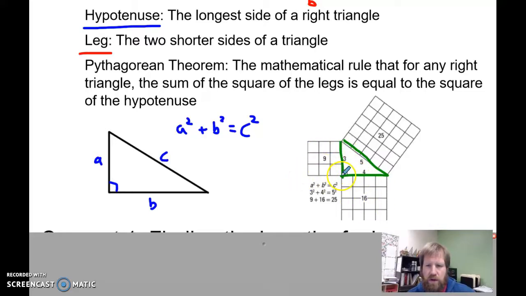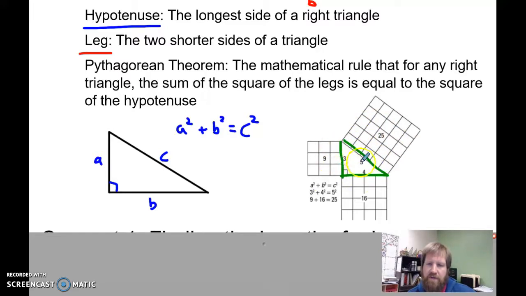Same thing for this one, 4 times 4, 16. So these squares represent the squared values of these 2 legs, and this represents the squared value of the hypotenuse. We have a 5 by 5 square. If I add up my squares for my legs, 9 plus 16 equals 25, that is 5 squared. So that's my proof.